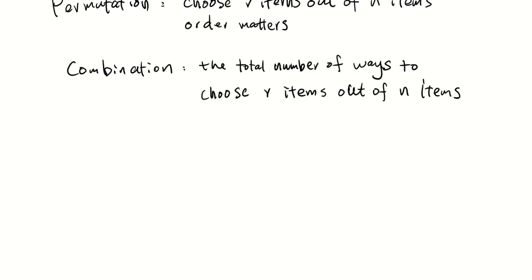Similar to permutation, a combination is to find the total number of ways to choose R items out of N items. The only difference here is that the order does not matter when you find a combination.